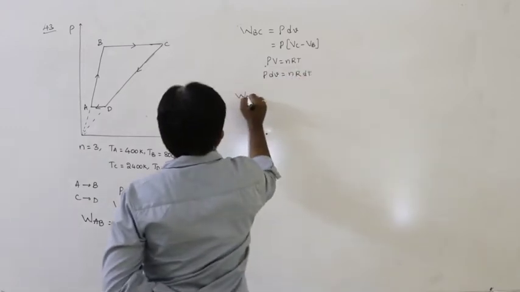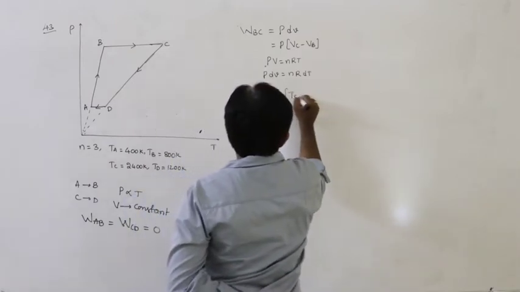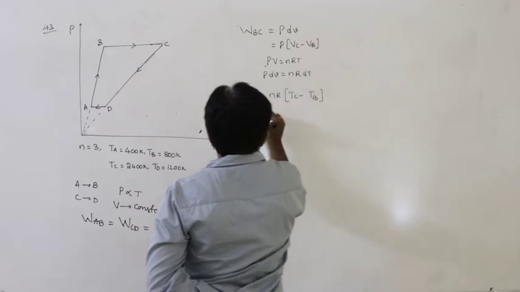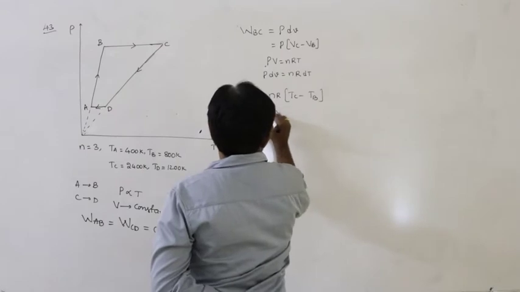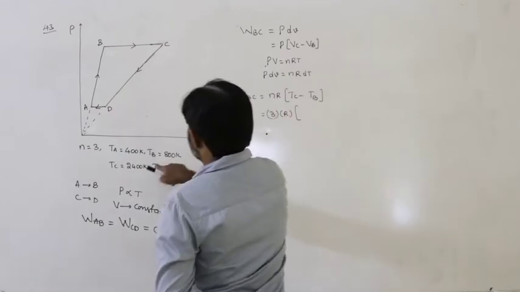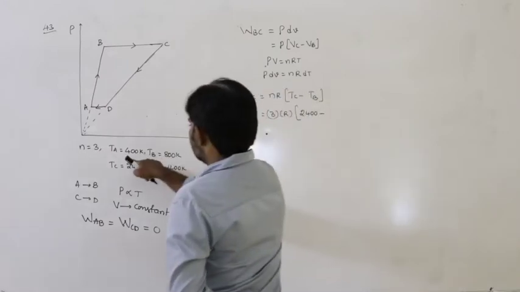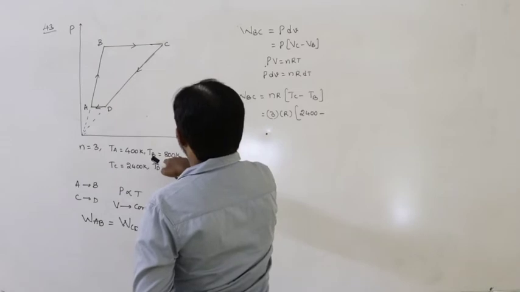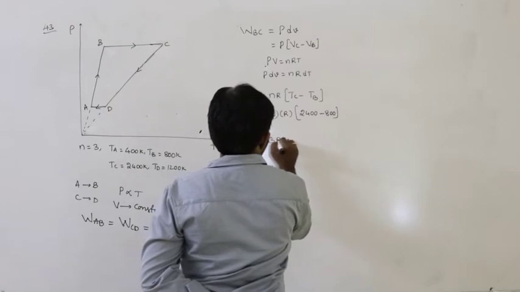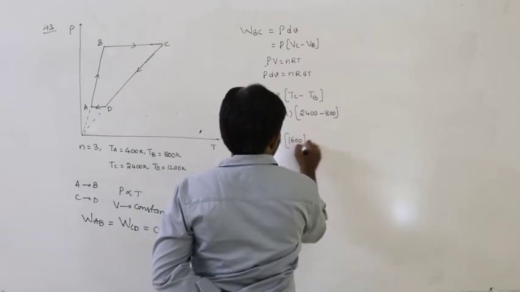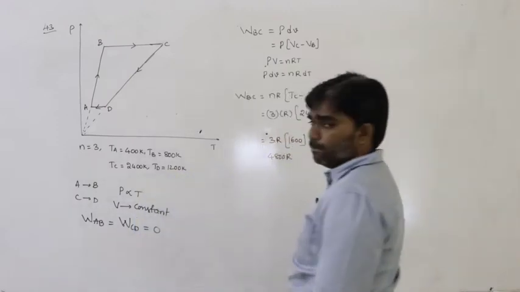Therefore W_BC is equal to nR into dT, in the sense Tc minus Tb. n is the number of moles, given as 3, into R, Tc is 2400 minus temperature at B, 800 Kelvin. So that is 3R into 1600, which is 4800 R. So that is work done in BC.